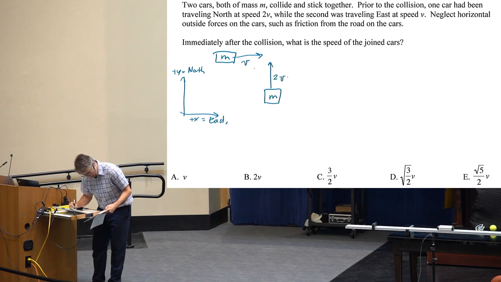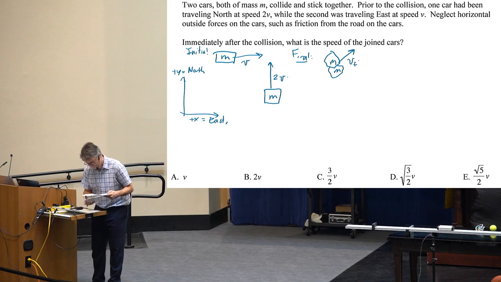Okay, so that's like initial. And then finally, what will happen, I think, is that they'll join up. So they'll be going, they have these 2 crashed up cars, I guess m plus m, going at some final speed, v final, I guess.